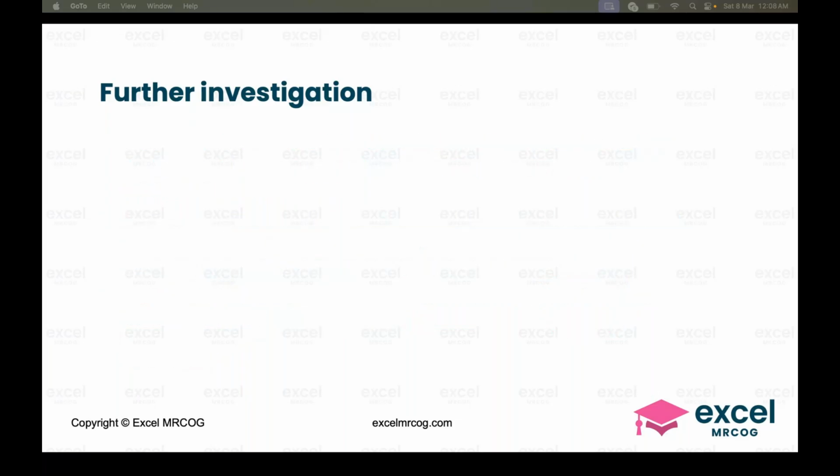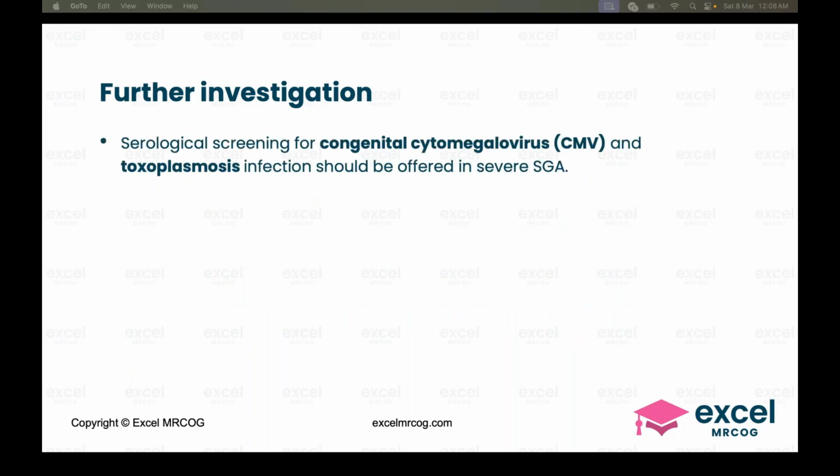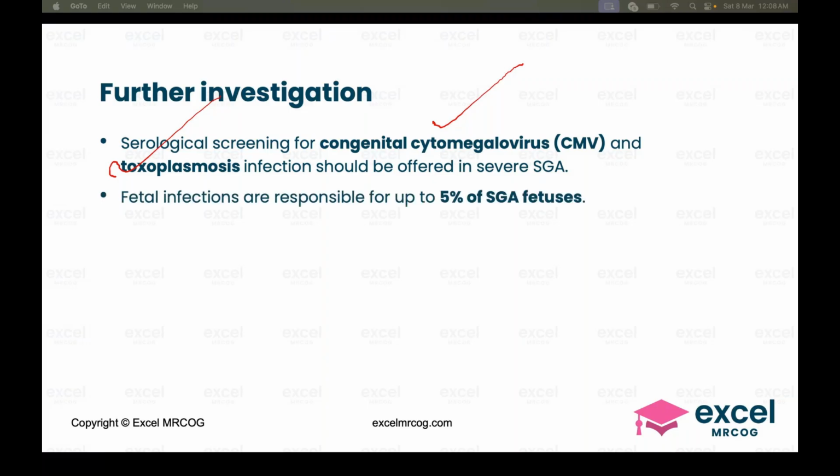Then you will always do serological testing for CMV and toxoplasmosis in severe SGA babies, not all SGA babies. Fetal infections are responsible for 5% of all SGA fetuses.